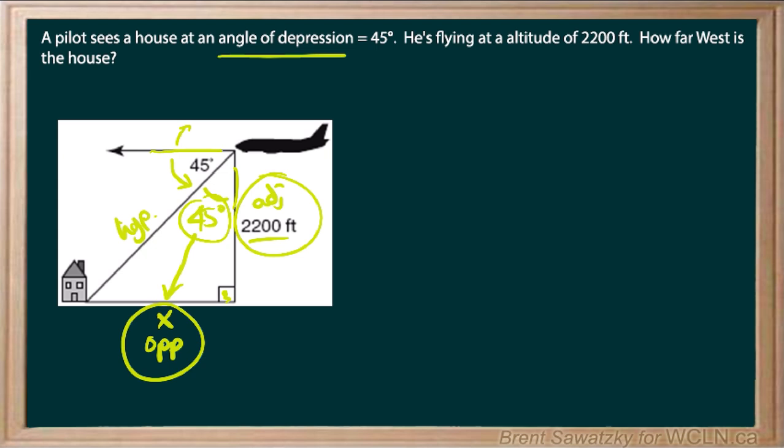Perfect, one unknown, and so what ratio uses the opposite and adjacent? Think about that for a moment and you should be coming up with tan. So tan of 45 is equal to opposite is our x, adjacent is our 2,200 feet, and we can stop there and we can say we want to solve for x.